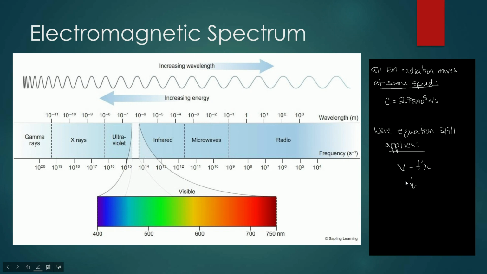Since this speed is c, we're just going to say c is equal to frequency times wavelength. So again, this is the speed of light. The frequency is in hertz, and the wavelength is in meters. We can still use this equation to calculate the properties of this electromagnetic radiation.